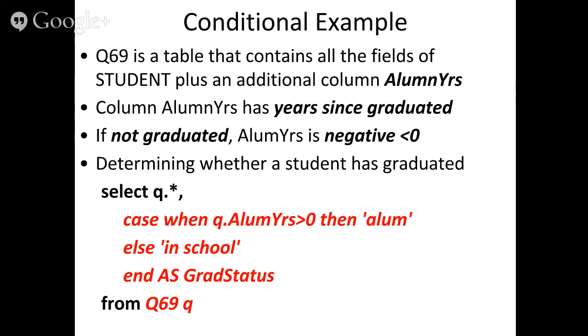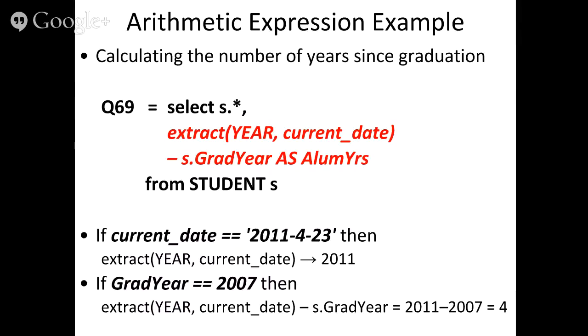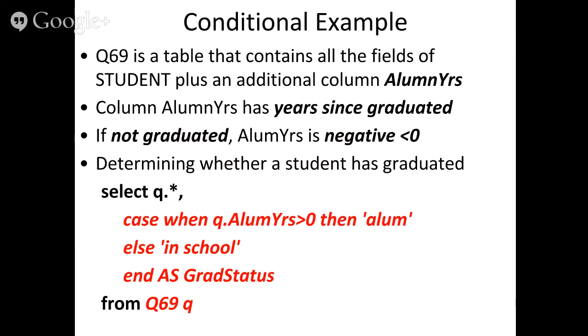Well, the inner query generated several fields, didn't it? Obviously we have all the fields from the original student table, plus an additional field, alum years, which we generated on the fly. So Q69 includes all the fields from the original student table plus alum years, and we're using that in the outer select statement.